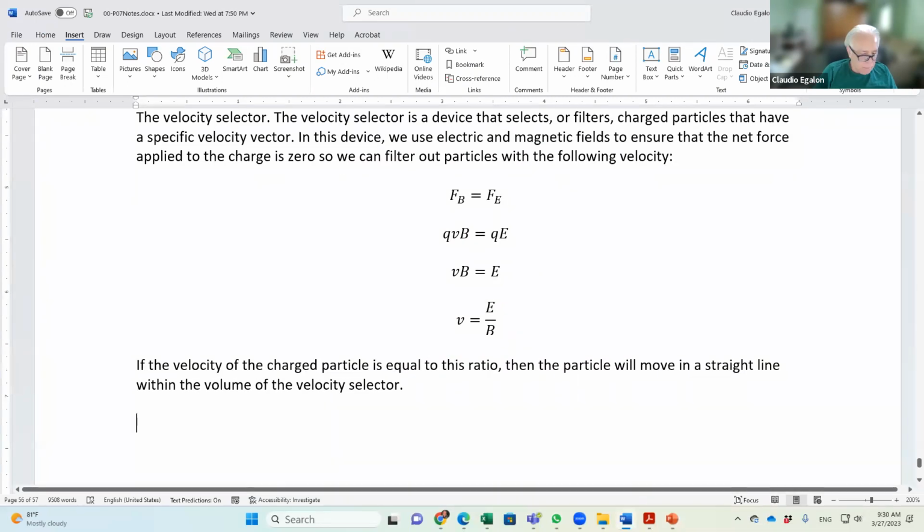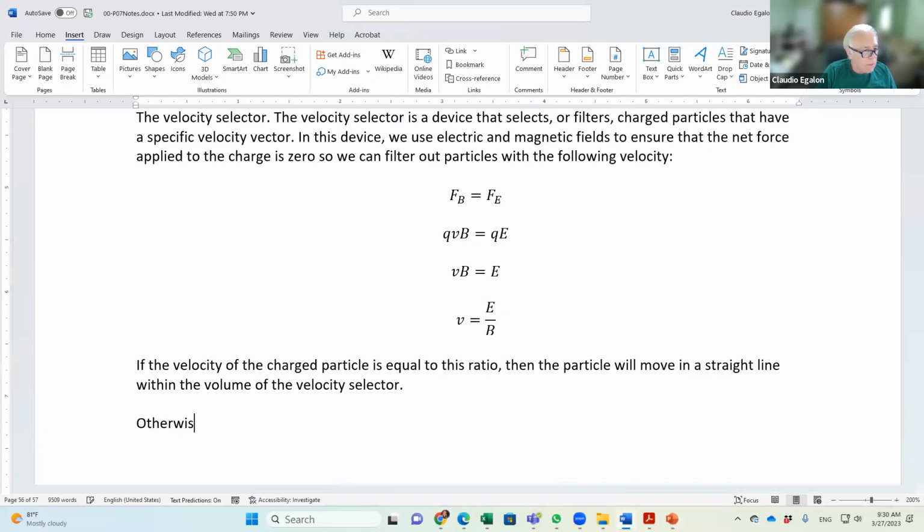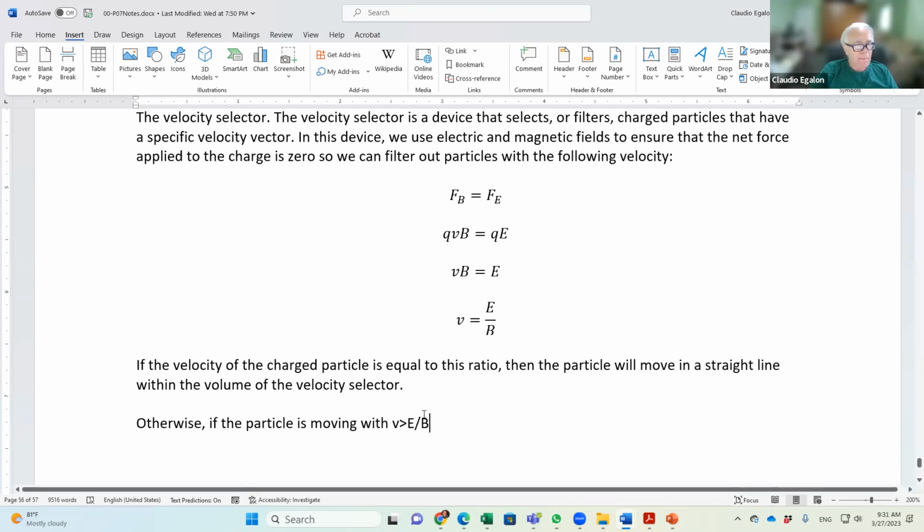Otherwise, if the particle is moving with V greater than E divided by B, what does it mean? V greater than E divided by B. Let's take a look here.